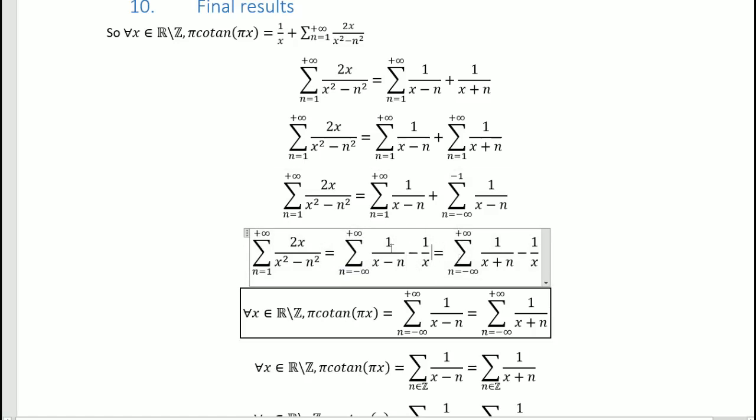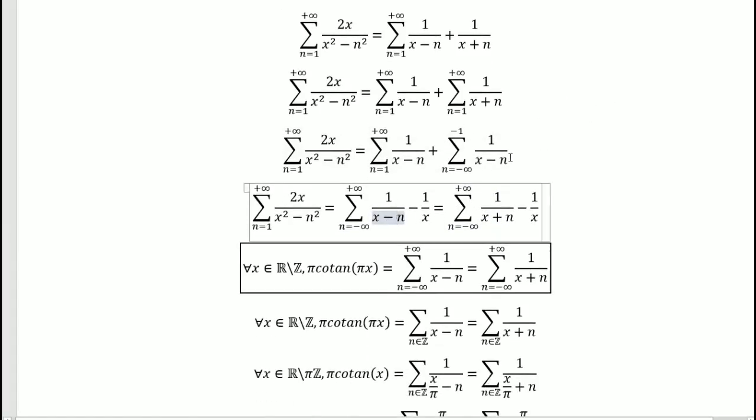And also this equals this, because if you do the change of variable n equals minus n, since minus infinity becomes plus infinity and plus infinity becomes minus infinity, both are equal, so we get plus or minus here.